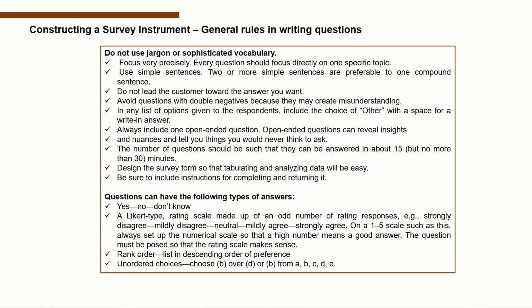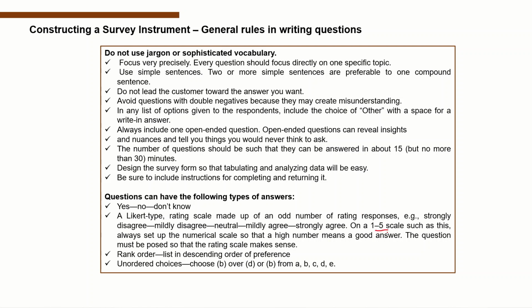Questions can have the following types of answers. Maybe you want to ask yes or no, or don't know, or not sure. A Likert type scale or rating scale, maybe on a scale of 1 to 5.